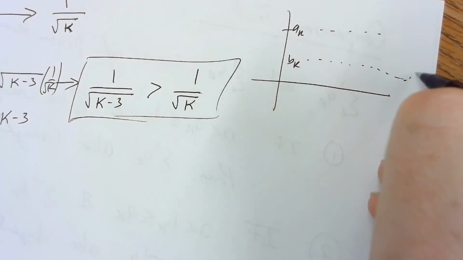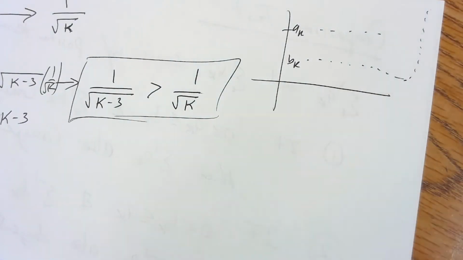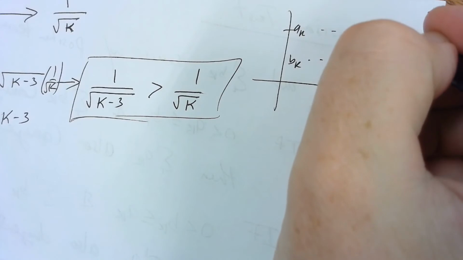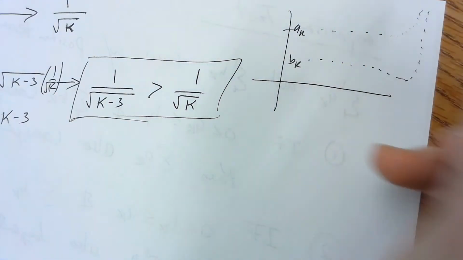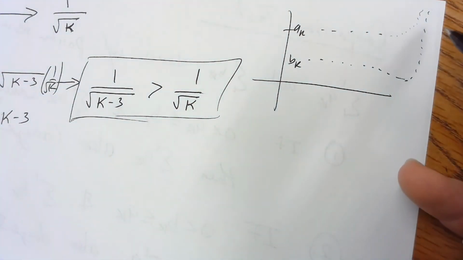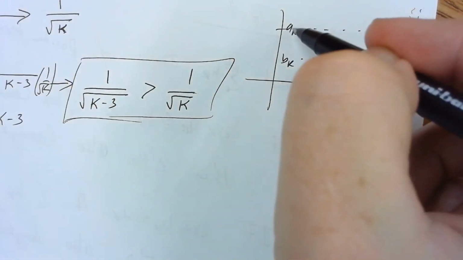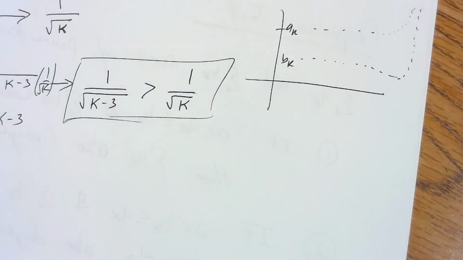However, if b sub k starts to increase uncontrollably and rapidly, and I know for every single term a sub k has to be above it, then if this one, when I add up all the terms, goes off to infinity, this one also has to add up, going off to infinity.